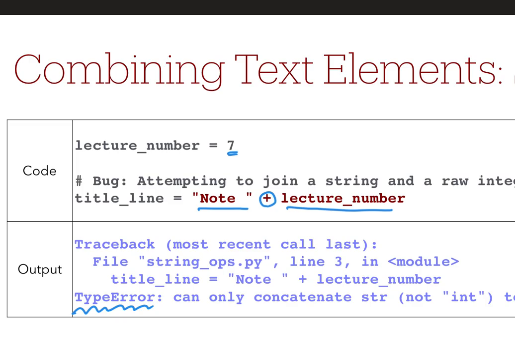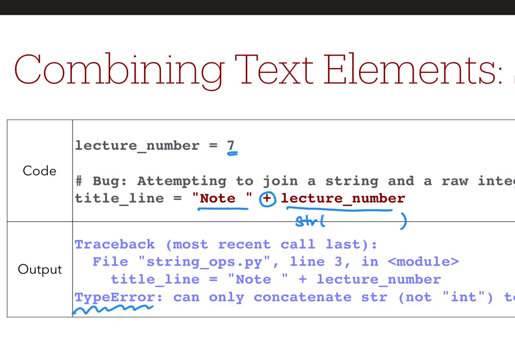So before you add these two, you need to change the type of one of the variables so that these two variables have the same type. Since the first variable note cannot be converted to an integer value, if you want to add them, then you need to convert this number with a string function.